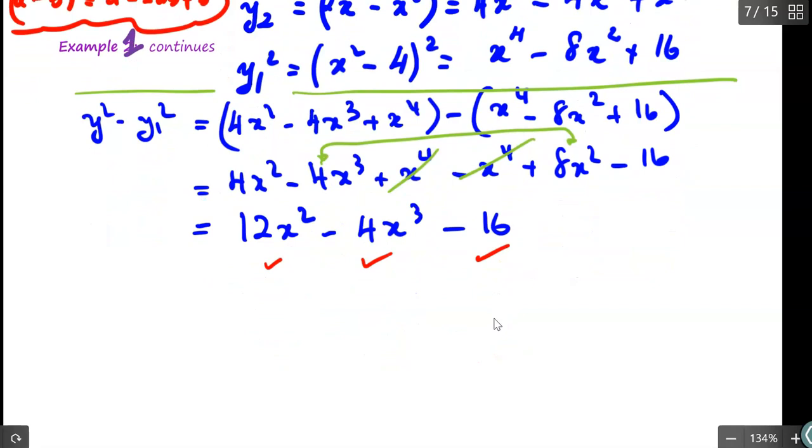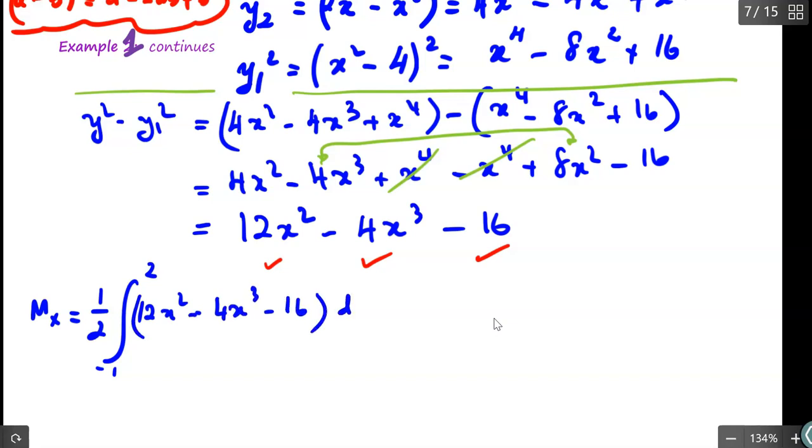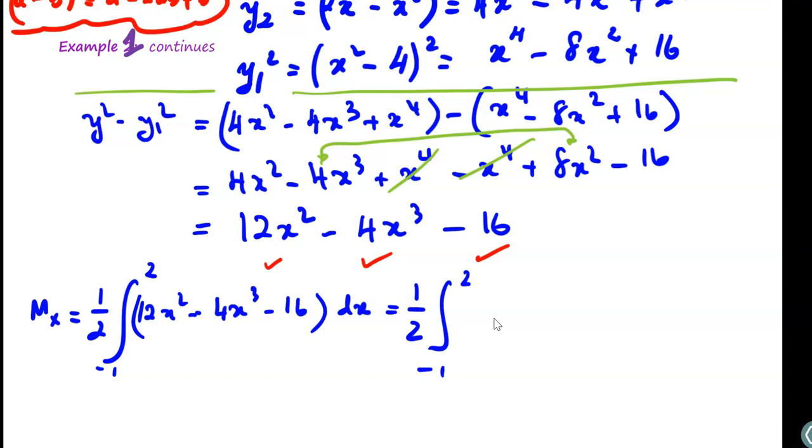So now I'm going to write down M(x) equal to the half of the integral from negative 1 to 2 of 12x squared minus 4x to the exponent 3 minus 16 dx. Okay, so now it's going to be a half integral from negative 1 to 2, and then what you want to do in this case is simplify.